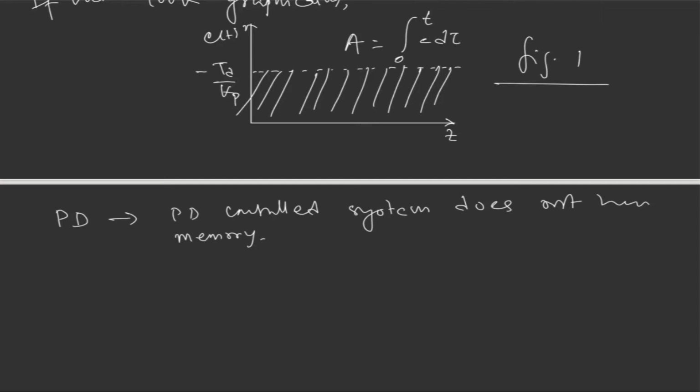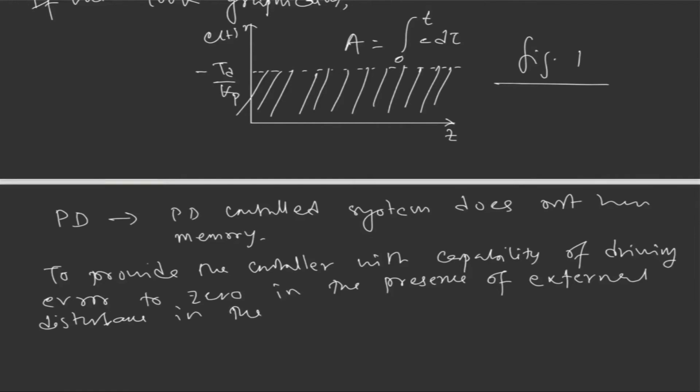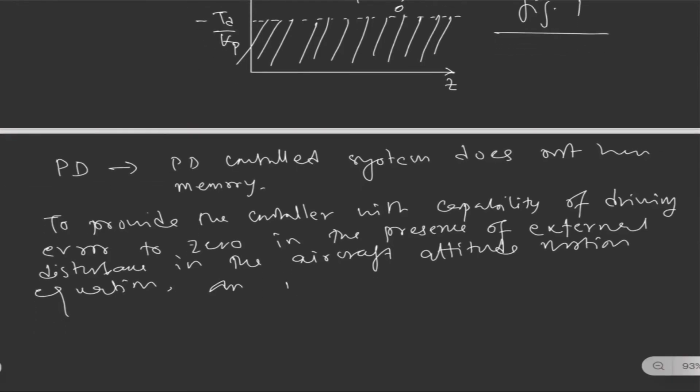So let me write: to provide the controller with the capability of driving the error to zero in the presence of external disturbance in the aircraft attitude motion equation, an integral term is added to the control law.